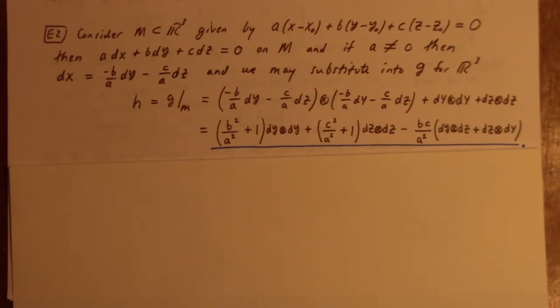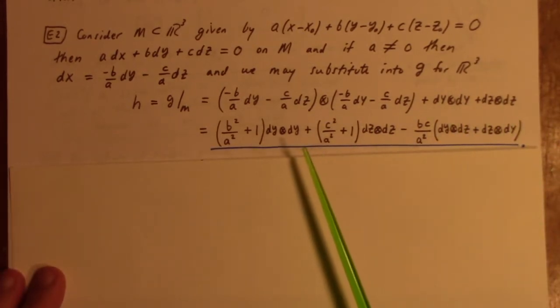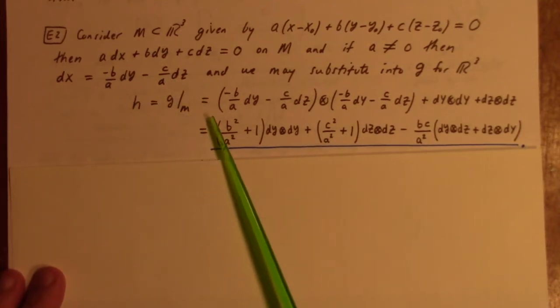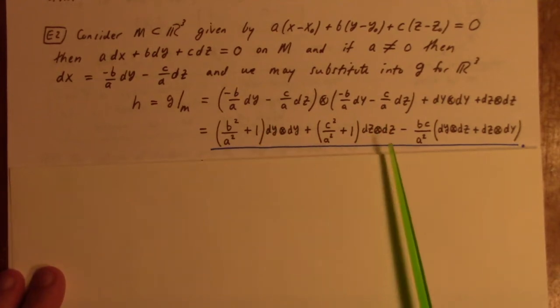And what that means is that you can write x as a dependent variable of y and z, which means that we can use y and z as coordinates on the plane. And as such, I trade my dx for this and take dx tensor dx, and it gives me back all this jazz right here.